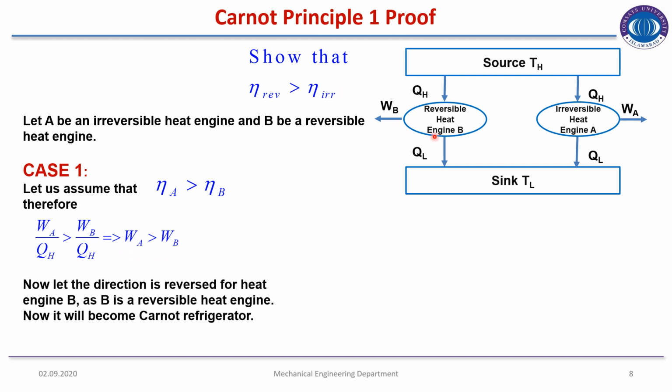So the statement we are assuming is that the efficiency of the irreversible heat engine is greater than the efficiency of the reversible one, and to prove that wrong, we are assuming this condition. After the assumption we have that the work done by heat engine A is greater than the work done by heat engine B.